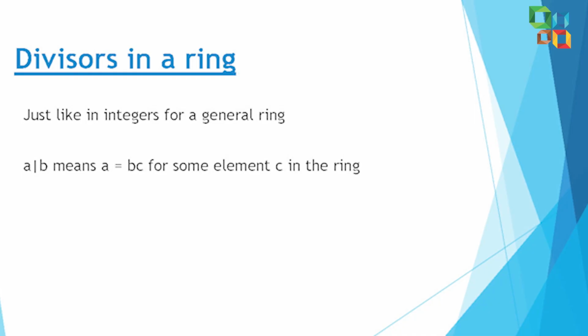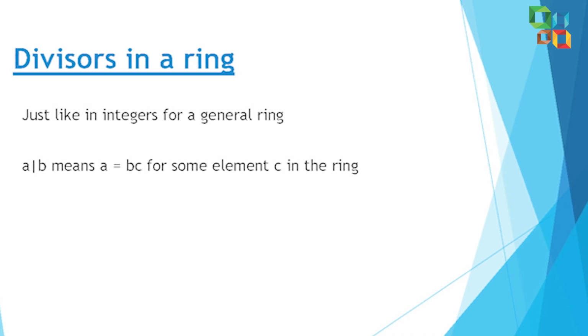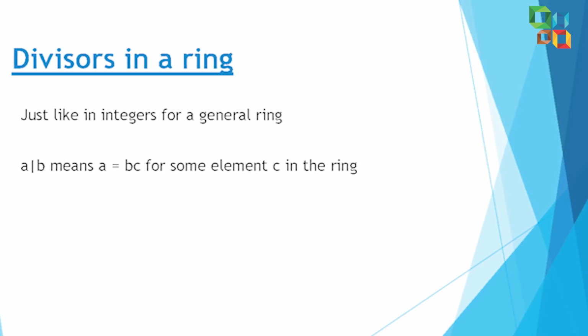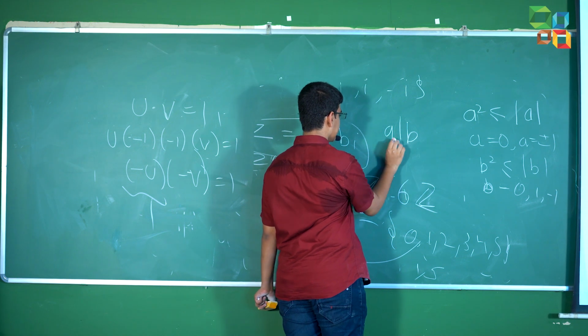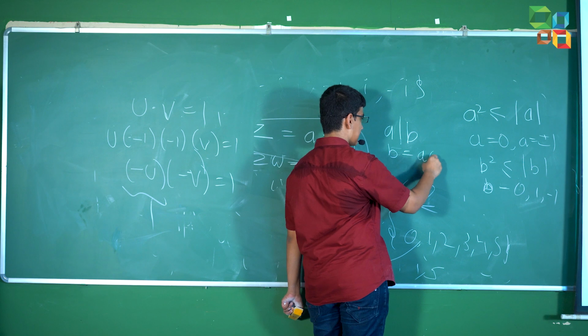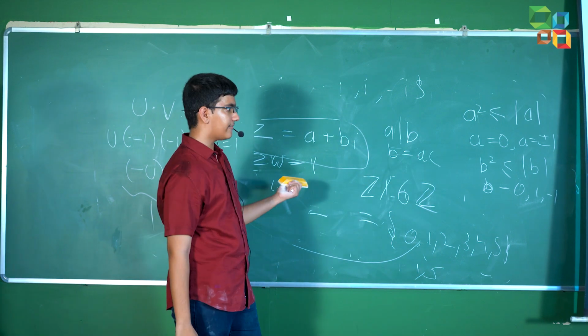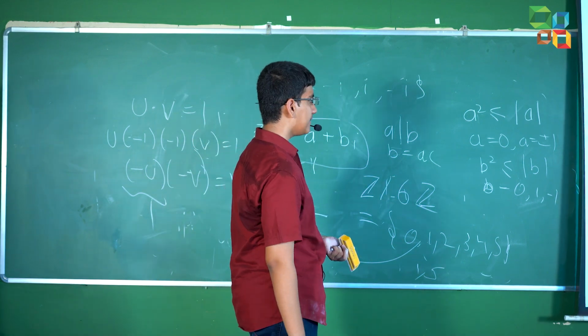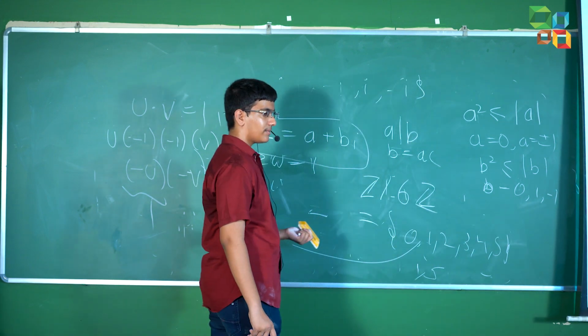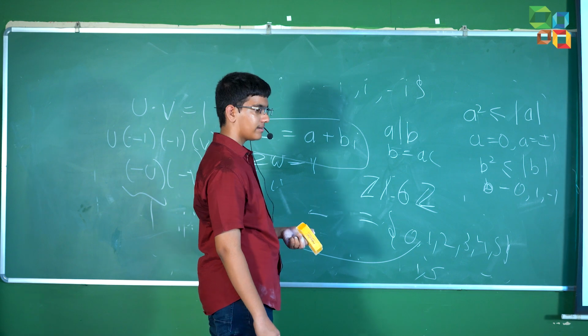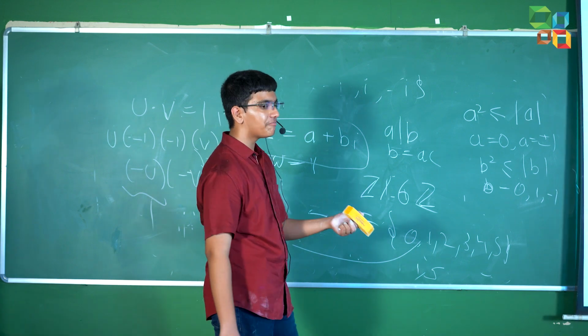Next. Okay, we've already looked at this. What does A divides B mean? It means B equals AC for some C, right? That's the definition of A divides B. It works like this in integers. So now next thing. We have primes.